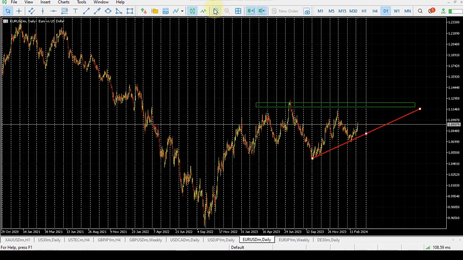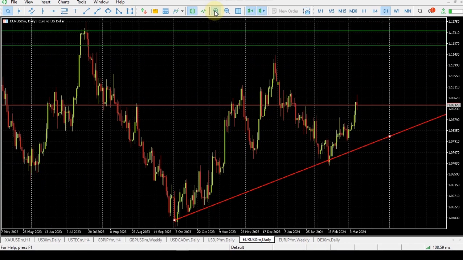From what I'm seeing right now, I'm seeing the market doing something like this. This is already a zone for me, and this is a zone for me here. I also want to see the market come down, either to even this trend line, then pump up to work this side.